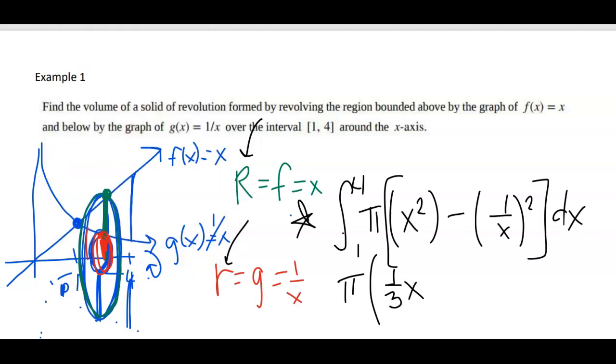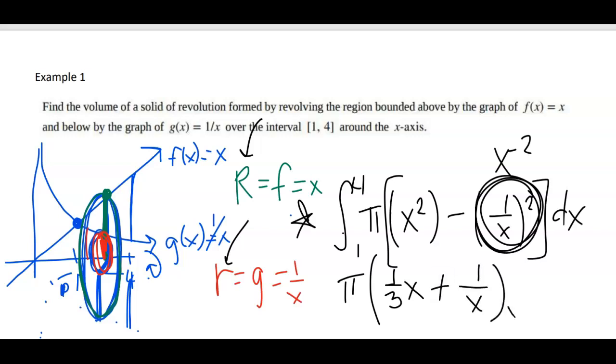This ends up being x to the -2, right? So I'm going to have x to the -1 divided by -1, so plus 1 over x from x equals 1 to 4. All right, plug in 4, plug in 1, we subtract, and when you simplify, you do get 81/4 times pi.